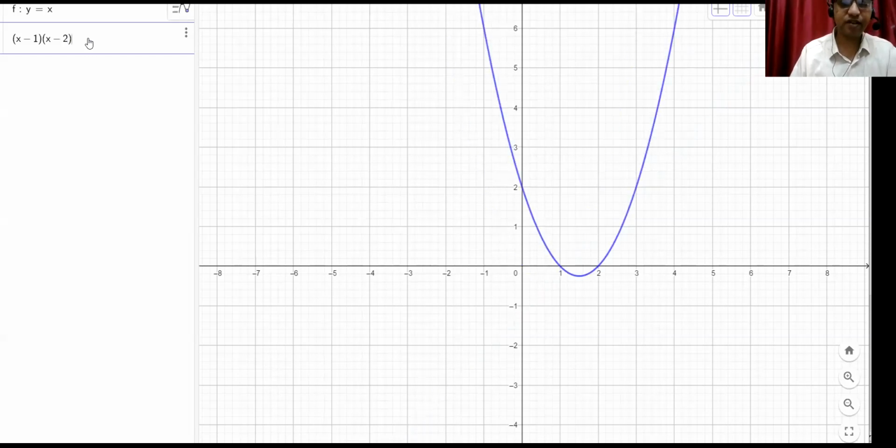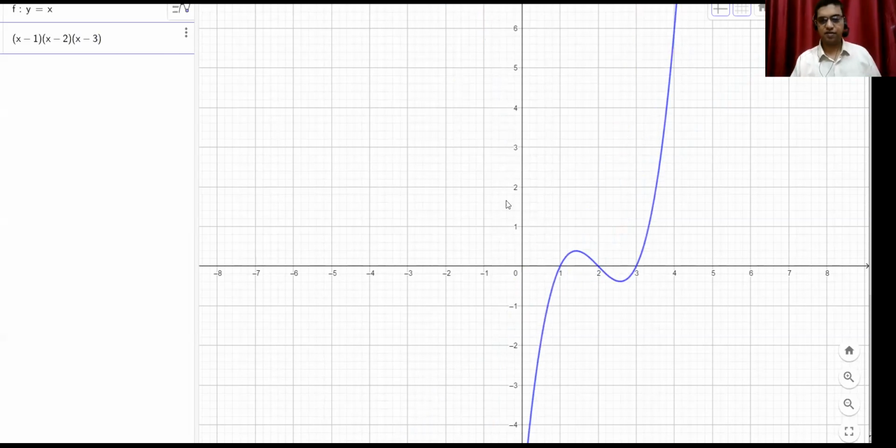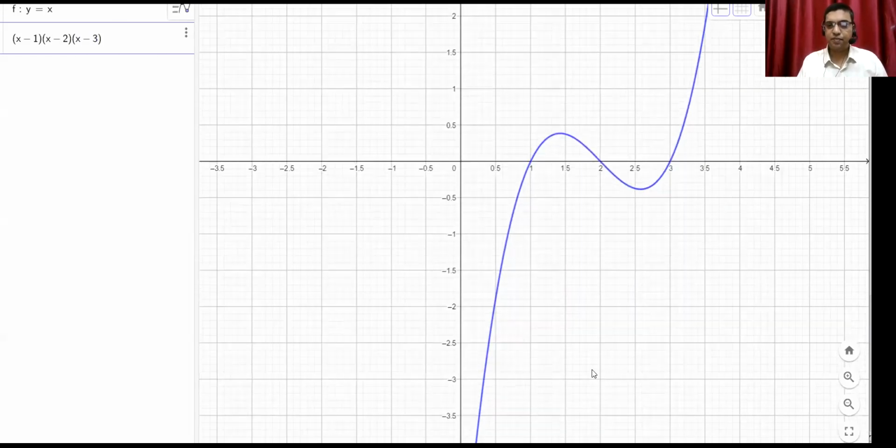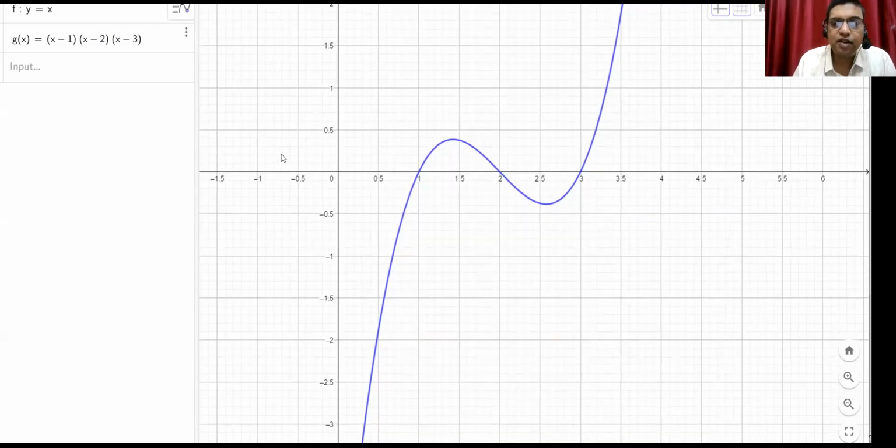It becomes a quadratic with roots at 1 and 2. Then x minus 3. You see here? Let's expand now. Now if you draw a horizontal line, it cuts the graph at 3 points. So 3 values of x are mapping to a single value of y.